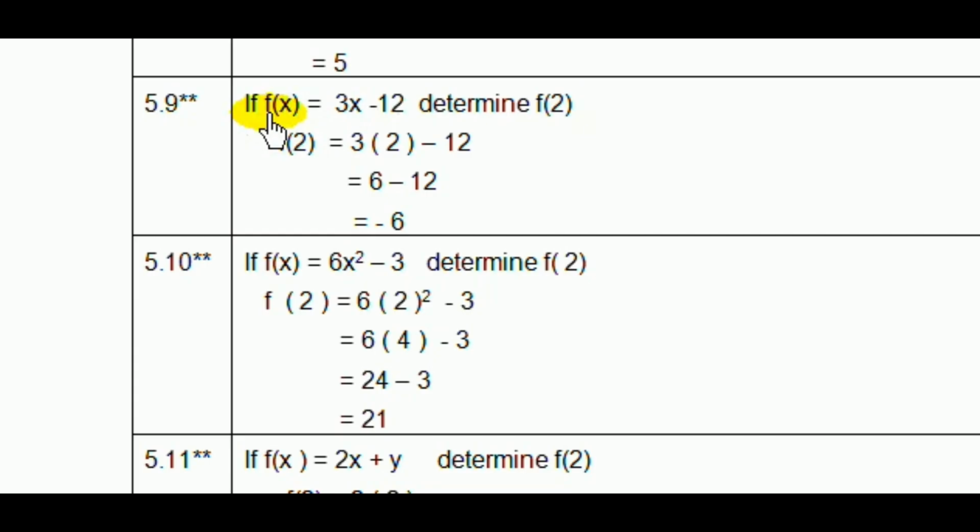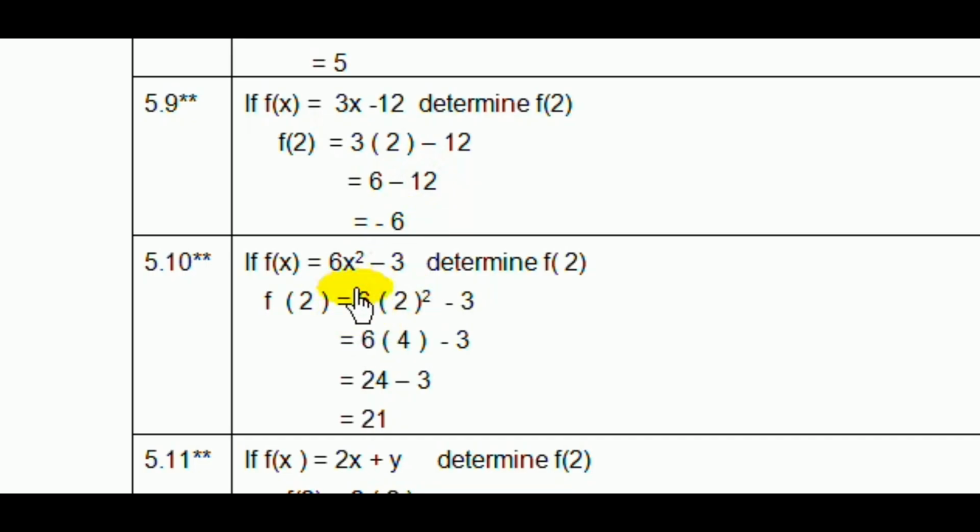The function's name is f. It can be a g and a h, anything, but the variable that you have to substitute or change is an x. So f(2) means the x becomes a 2. Make that x a 2 in a bracket, please. Multiply to get to 6, and 6 minus 12 is minus 6.